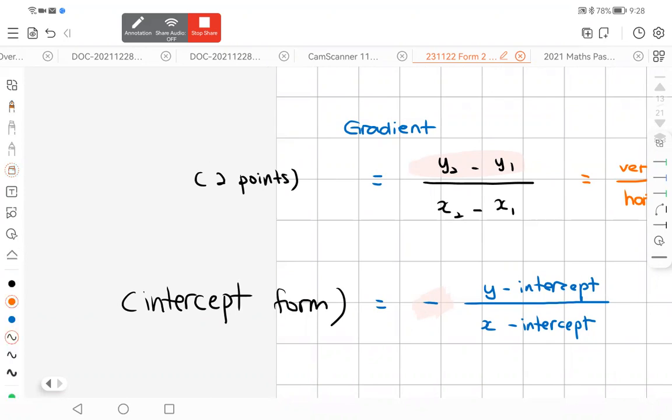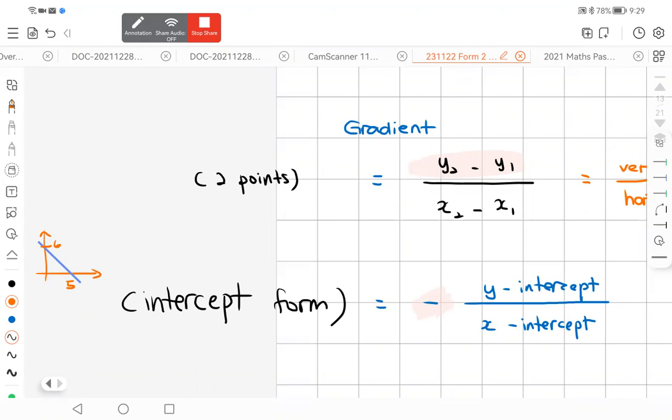So if you have the graph touching both the x and y axes like this, you can use the second formula. So the answer will be negative 6 over y. It makes sense because the line from left to right is downwards, so the value of the gradient is in negative form.